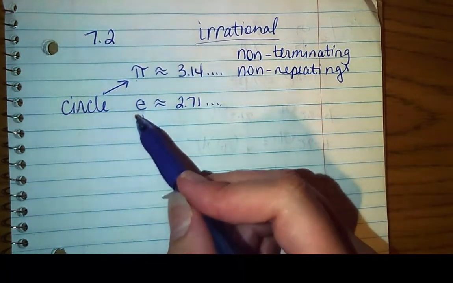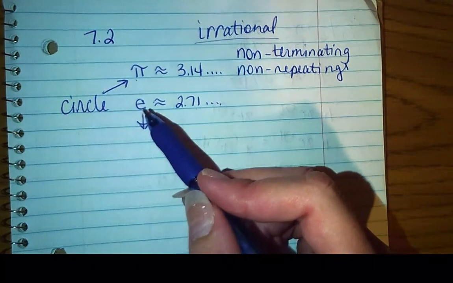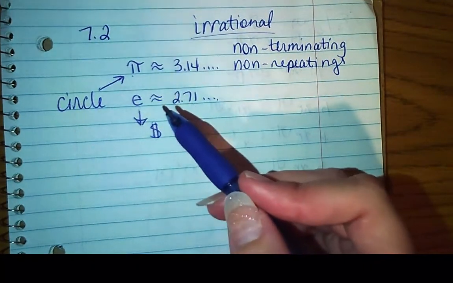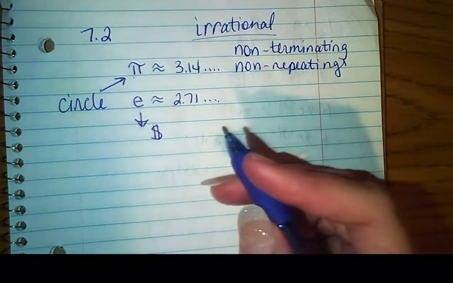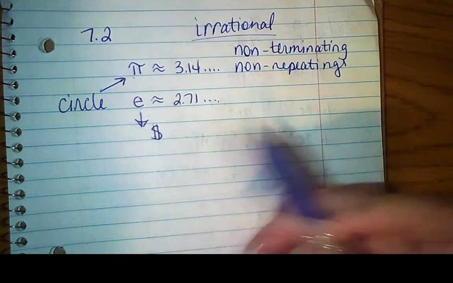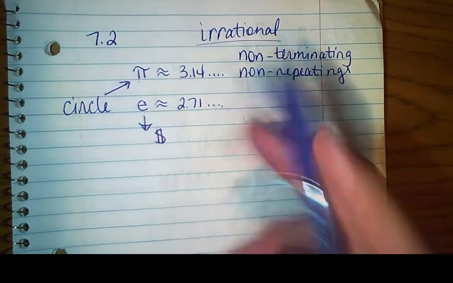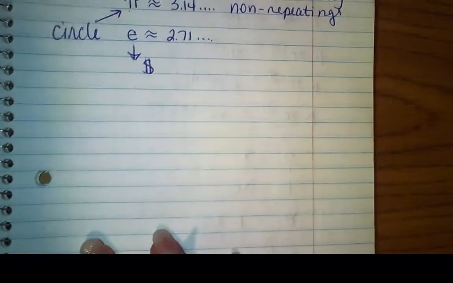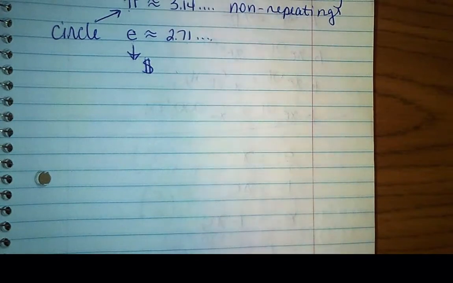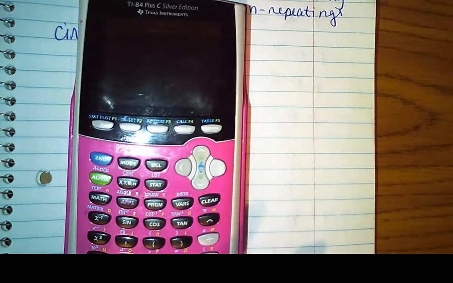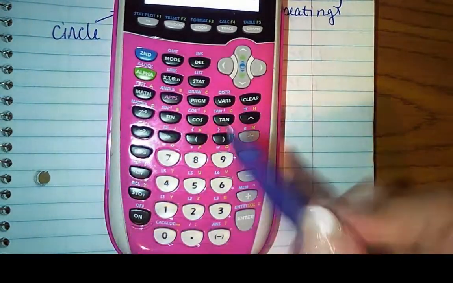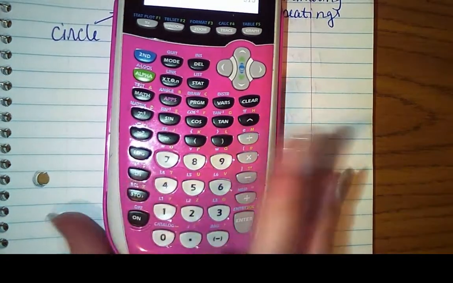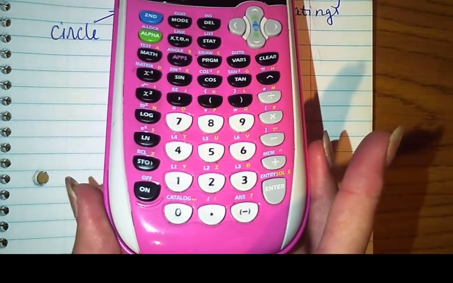So in 7.3, 7.4 and 7.5, we'll have some more explanations as far as what E does, but for right now you just need to know E is a number. And he's also a button on your calculator. You have a scientific calculator. I'm going to show you my graphing calculator just so you know. You have an LN button, there he is.